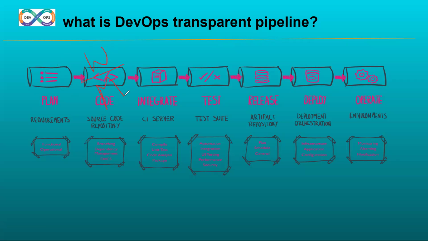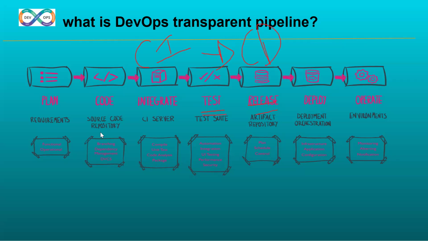Once it is written, those lines of code are going to be maintained. Once maintained, all the developers' lines of code are going to be continuously integrated. Once integrated, we execute test cases written by testers, making working software and continuous delivery into the release.